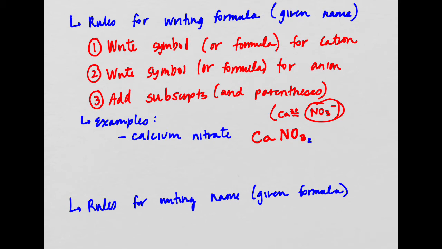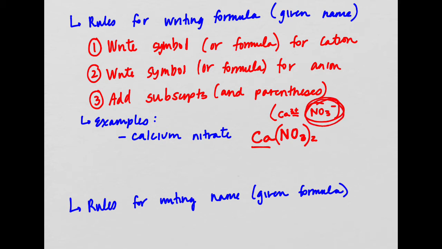I can't write a smaller subscript because that just doesn't make any sense. So what I have to do is put parentheses around this entire unit, around NO3, and then add a 2 on the outside of that parenthesis right here, like this. So now that says I have 1 calcium and 2 nitrate units.